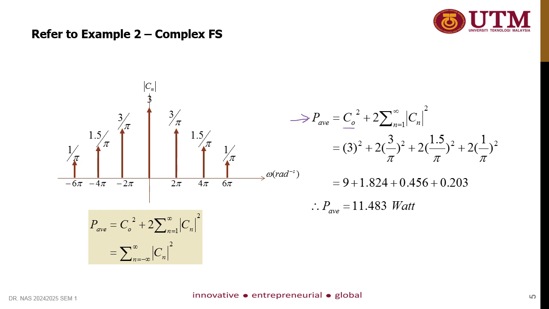Let's start with C naught, which is 3, squared, plus 2 times C1 squared. This is your C1, so it's 3 over pi, squared, multiplied by 2. Move on to the next one: 1.5 divided by pi, squared, multiplied by 2, for the frequency at 4 and minus 4. And lastly, 1 over pi, squared, multiplied by 2. So total them up, and you get the average power for the signal.